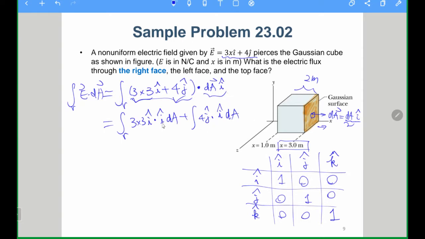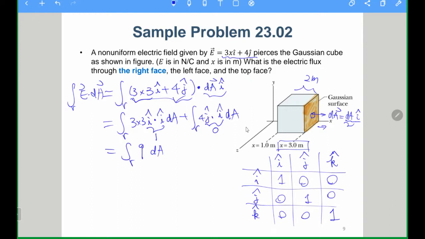Here i dot i will be 1, and this one will be 0. So we have the integration of 9, 3 times 3 is 9, dA for the right surface, and then plus 0.